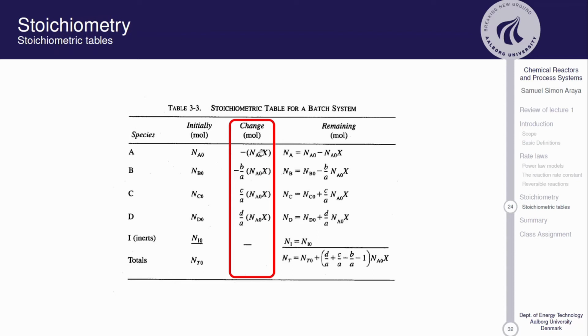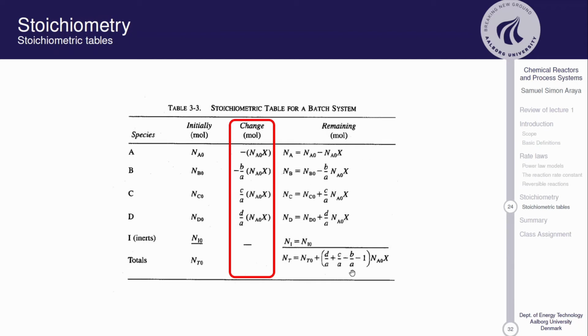This is the change in A, so A reacted, B reacted, C reacted, and D reacted, or in a way, A disappeared, B disappeared, C formed, and D formed. And what remains in the reactor is then what we have initially for each of the species, minus in the case of disappearance and plus in the case of formation, and then we have the moles of each species in the reactor at a given time.